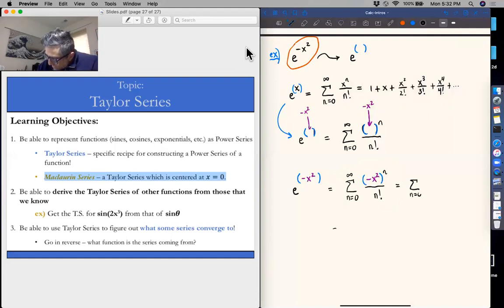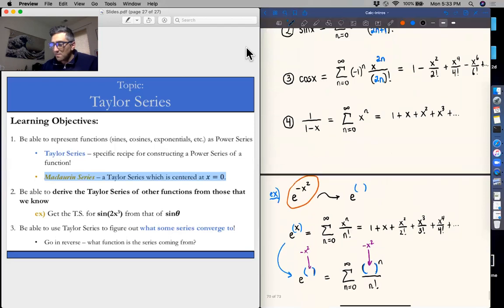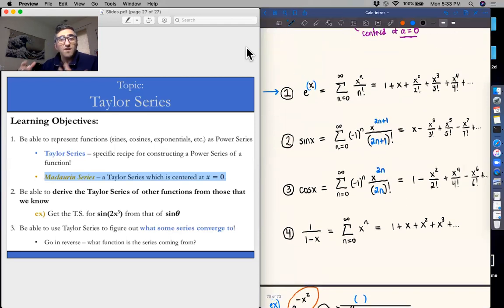So we could rewrite this series as minus 1 raised to the power of n, and then x raised to the 2n power, and that's all divided by n factorial. So that is our Taylor series for e to the minus x squared. And we can do this type of stenciling or composition of functions to help give us Taylor series, Maclaurin series for other functions based on the ones that we have already.